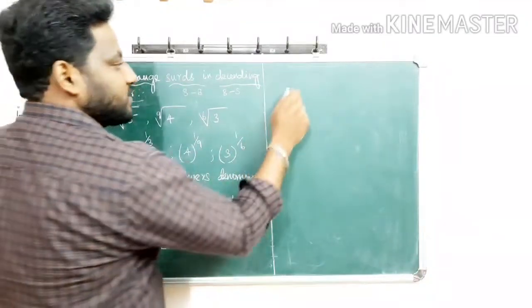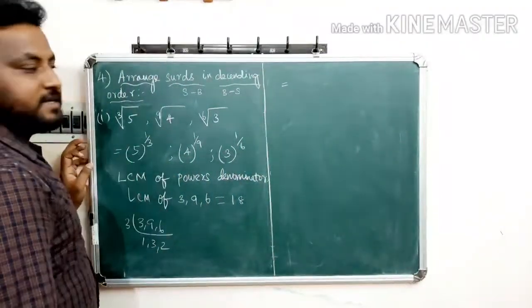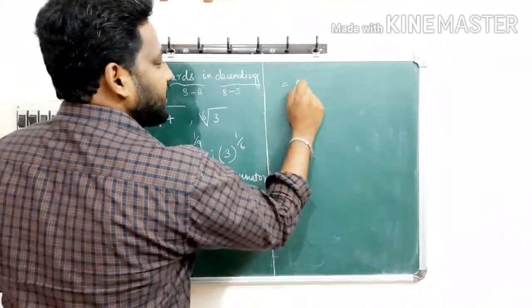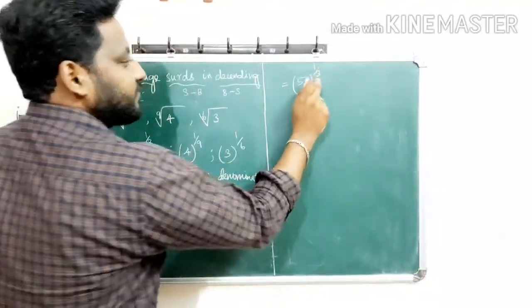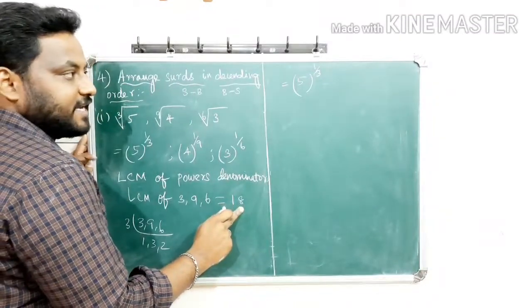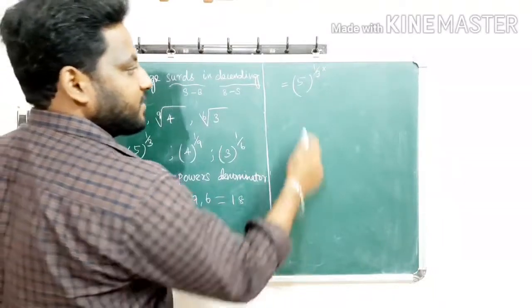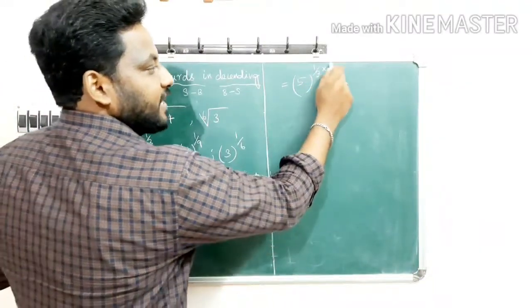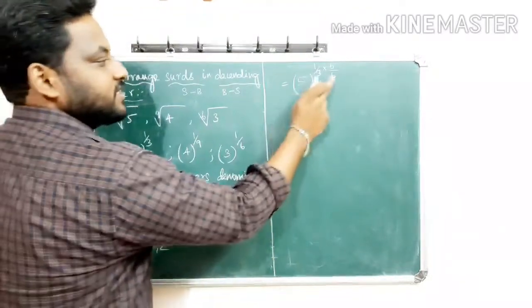So the first number is 5 power 1 by 3. For the denominator to become 18, we have to multiply both numerator and denominator by 6, so 6 by 6, since 6 threes are 18.